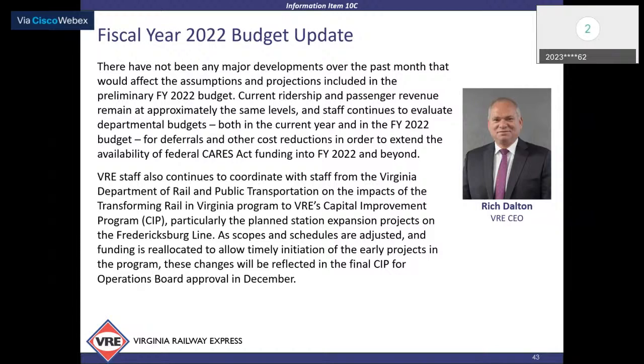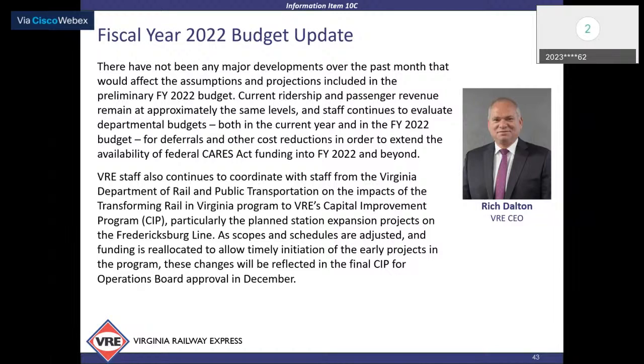And then Rolling Road, which we just discussed this morning, that construction is able to advance because we were able to reprogram some CMAQ money from the Lorton station project. Again, while still improving the VRE facilities within Fairfax County.